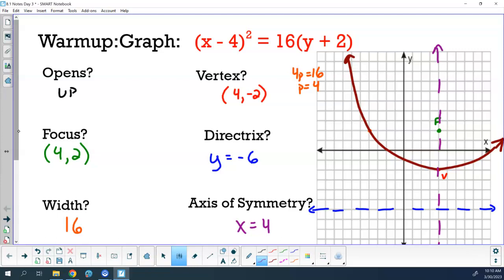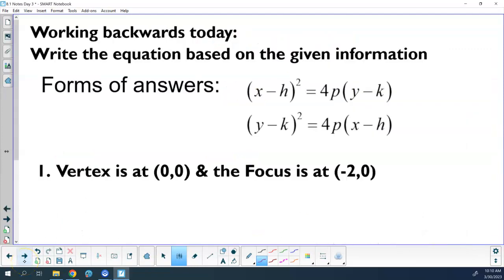Love it. Today what we're going to do is the bottom half of the back side of the worksheet. We're going to work in reverse now. I'm going to give you certain conditions, and I'm going to ask you for the equation. I might give you the graph.